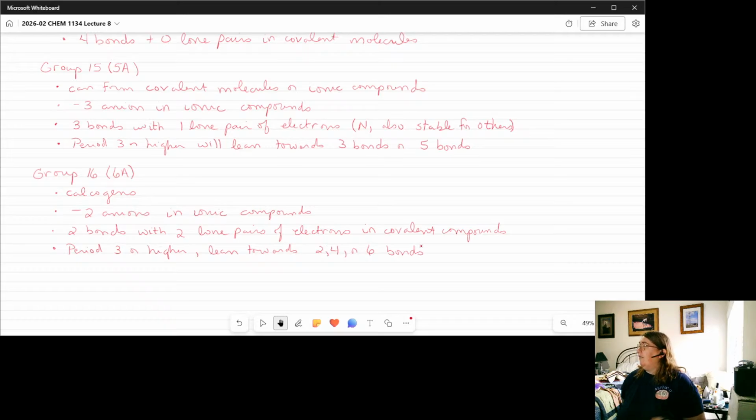And again, we'll cover why that is. But generally speaking, when you get into the 3rd, 4th, 5th, 6th row in the chalcogen group, 2 bonds, 2 lone pairs is completely stable, but you might also see 4 bonds or 6 bonds in that particular group.